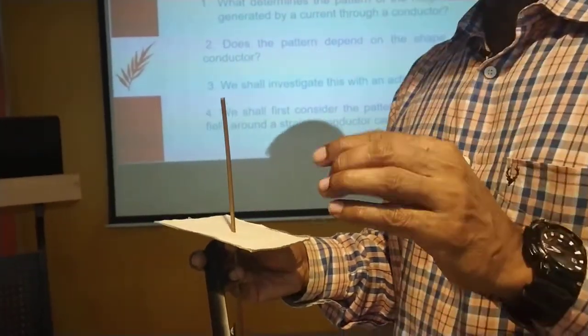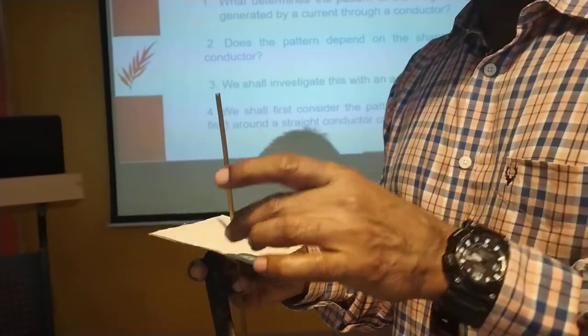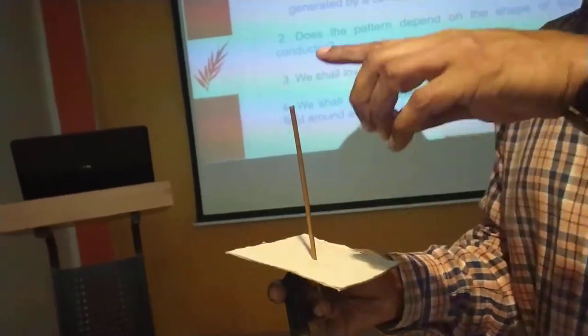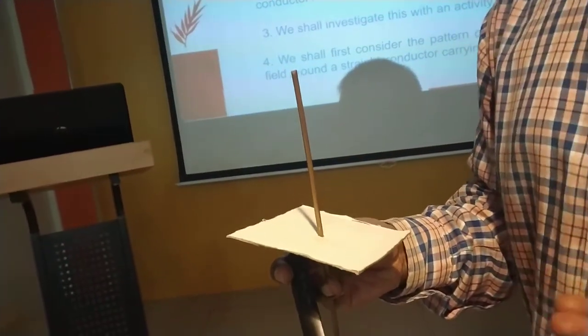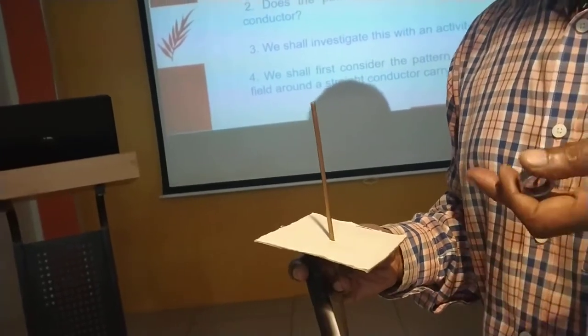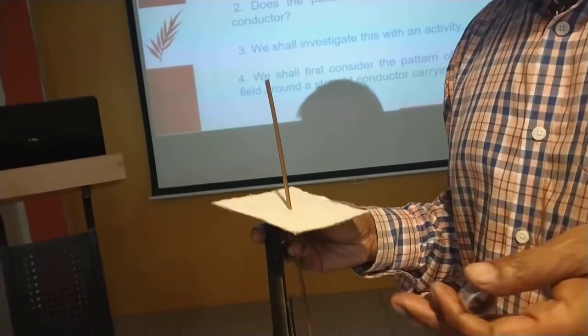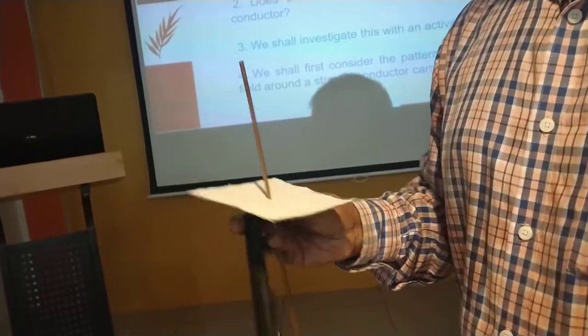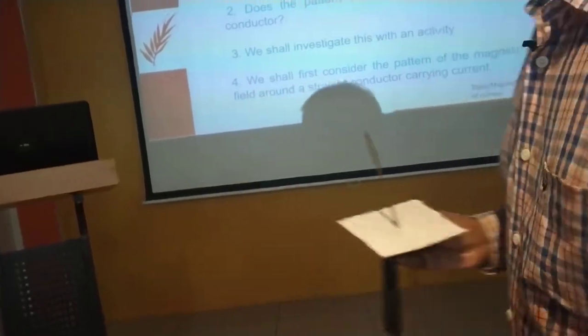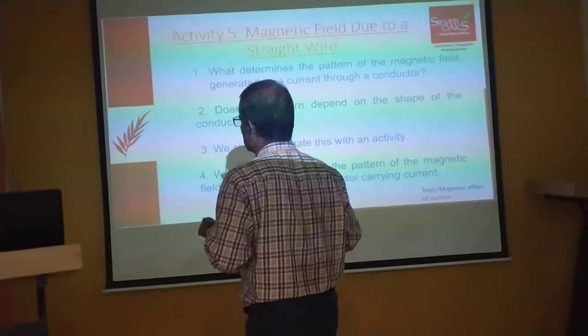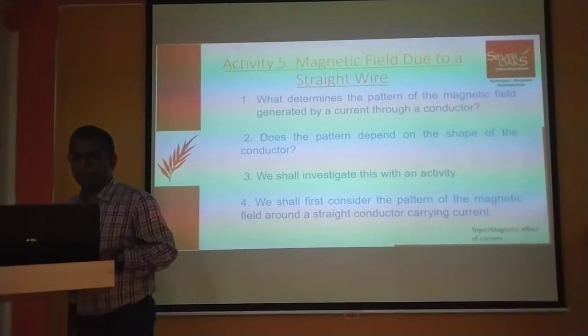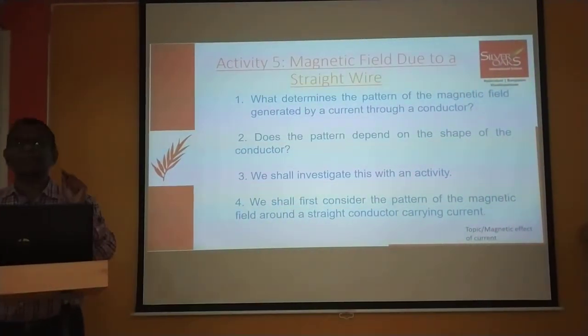So you will see that as you move away from this current carrying wire, the magnetic field line strength will reduce. So spacing between the magnetic field lines also will increase. So straightaway let us go to the lab and demonstrate this activity.